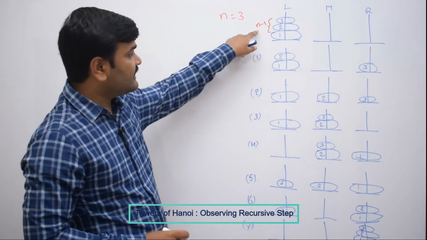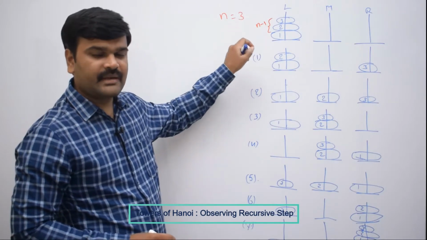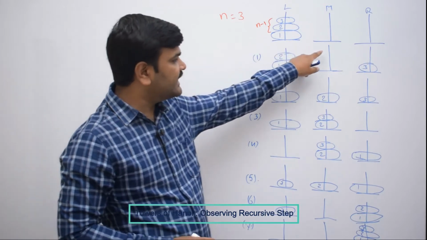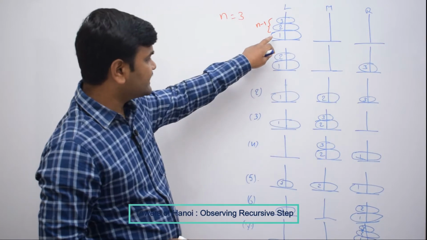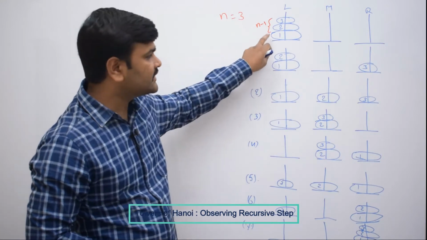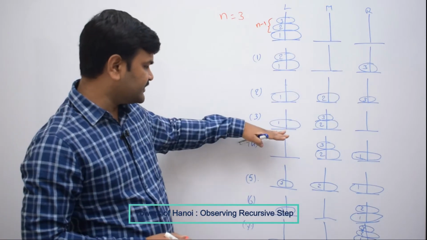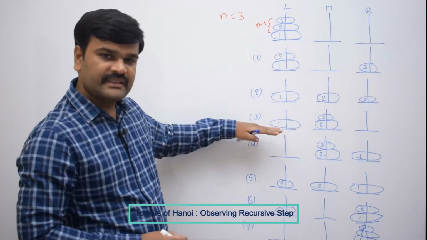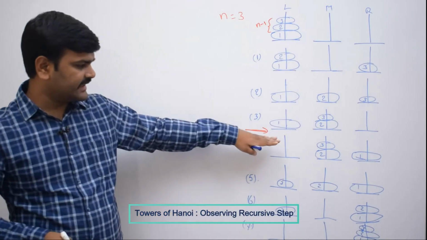So where must these n-1 disks exist? These n-1 disks must exist at the middle tower, so that you can shift this largest disk from left to right. So that means if you observe the third step, after the third movement, this is the status, right?